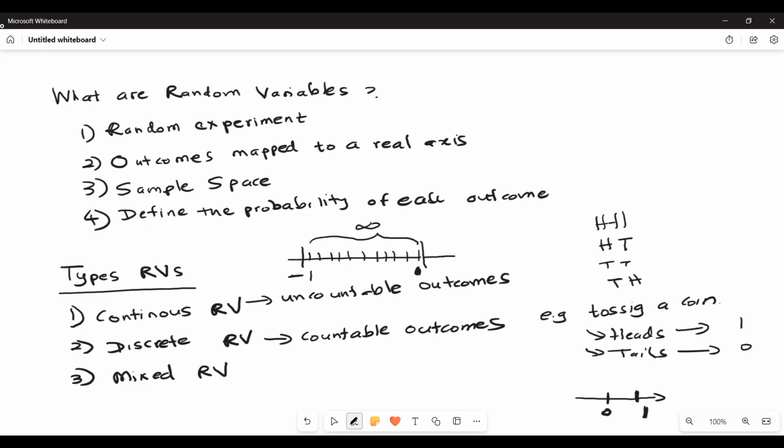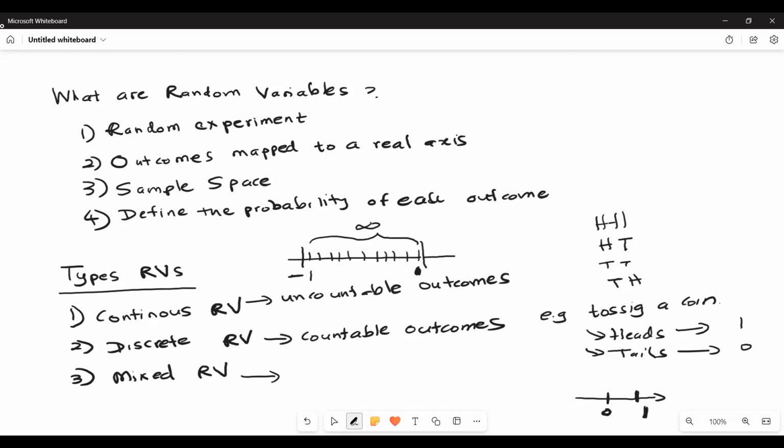Apart from that, we have continuous and discrete random variables together in the mixed random variable, right? In a mixed random variable, you can have both continuous random variables and discrete random variables as outputs of that experiment. So the experiment you define has to be of a nature that produces both types of random variables.